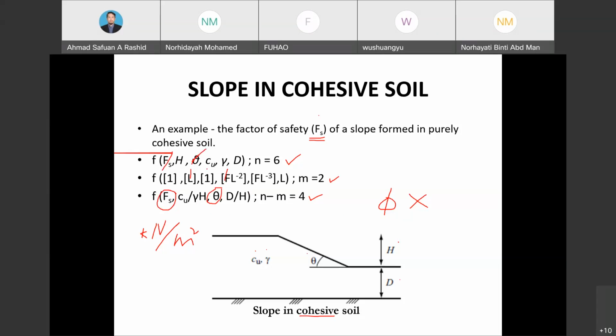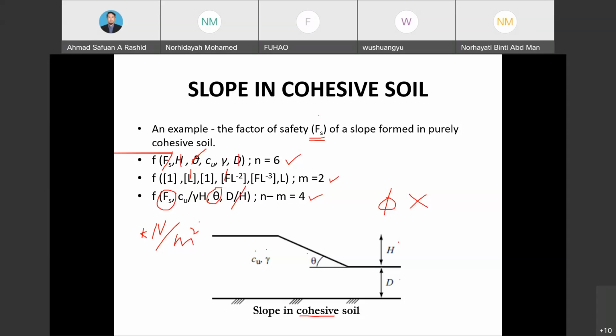Then it will be easy to use D and H. For this case, perhaps the researcher is more concerned with H, so that's why he used D over H. And the last one is Cu over gamma.